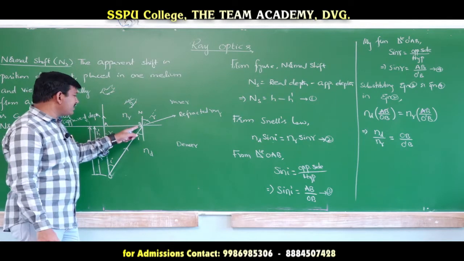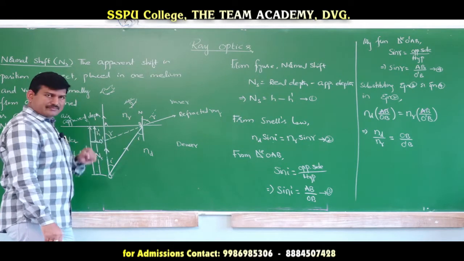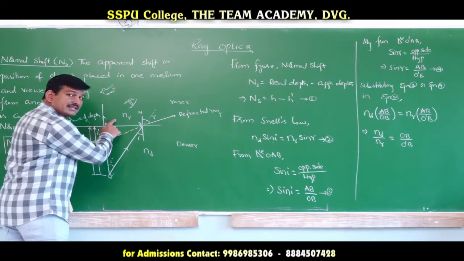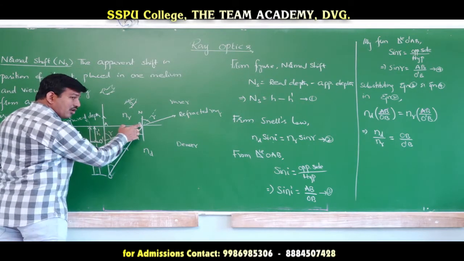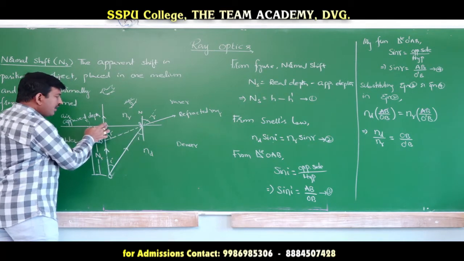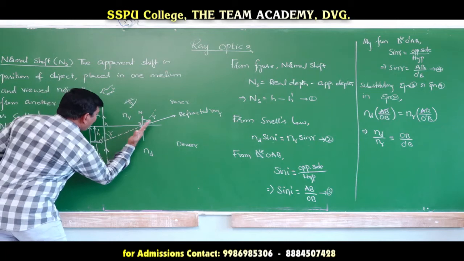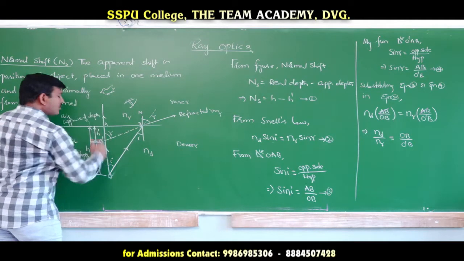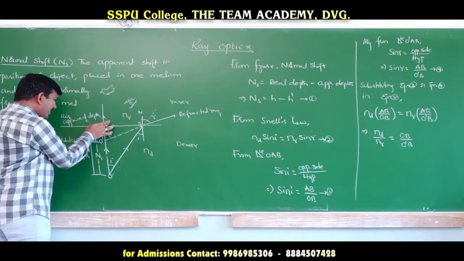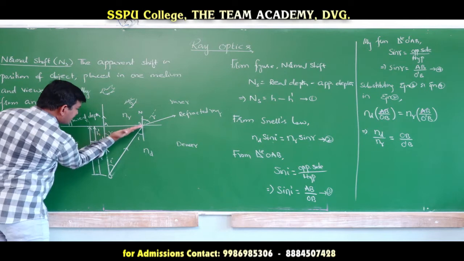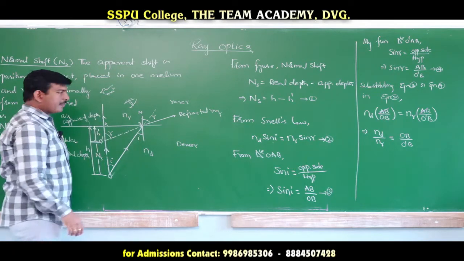For normal incidence, for normal viewing, the point B is very close to A. If B is very close to A, OB is almost equal to OA and O dash B is almost equal to O dash A. Understood this clearly?